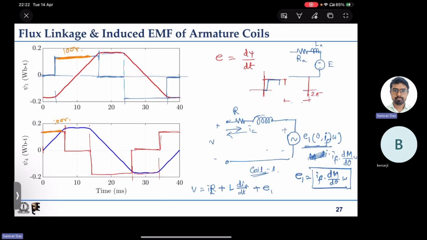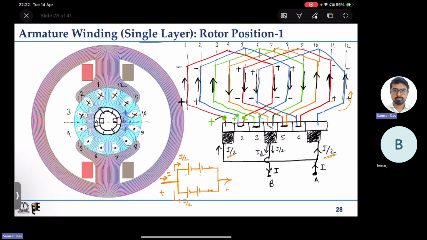Yes, but the entire waveform, that is what I indicated here, right? So this slope is the same as this slope. So this 100 volt and this 100 volt are the same in magnitude.